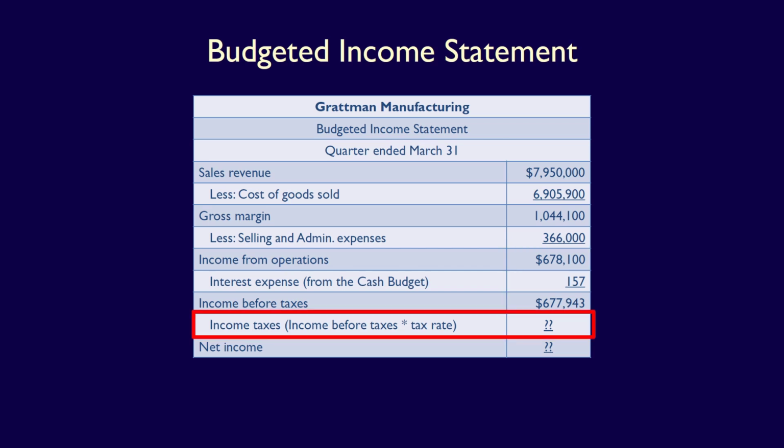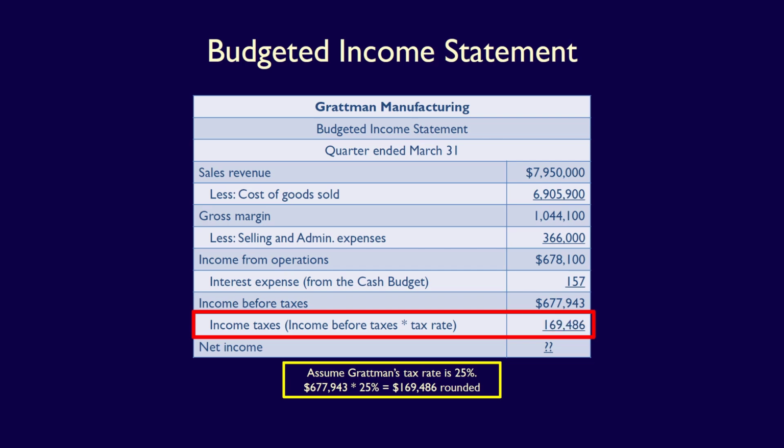We can now calculate the amount of income taxes as the income before taxes multiplied by the tax rate. Assume Gratman's tax rate is 25%. Income before taxes of $677,943 multiplied by the tax rate of 25% is equal to $169,486 rounded.